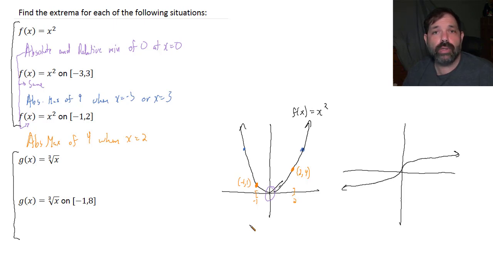It's always increasing, right? There is no point on the curve where it changes to decreasing. So there can't be any places that would give us an absolute or relative maximum or minimum. So this function has no extrema.